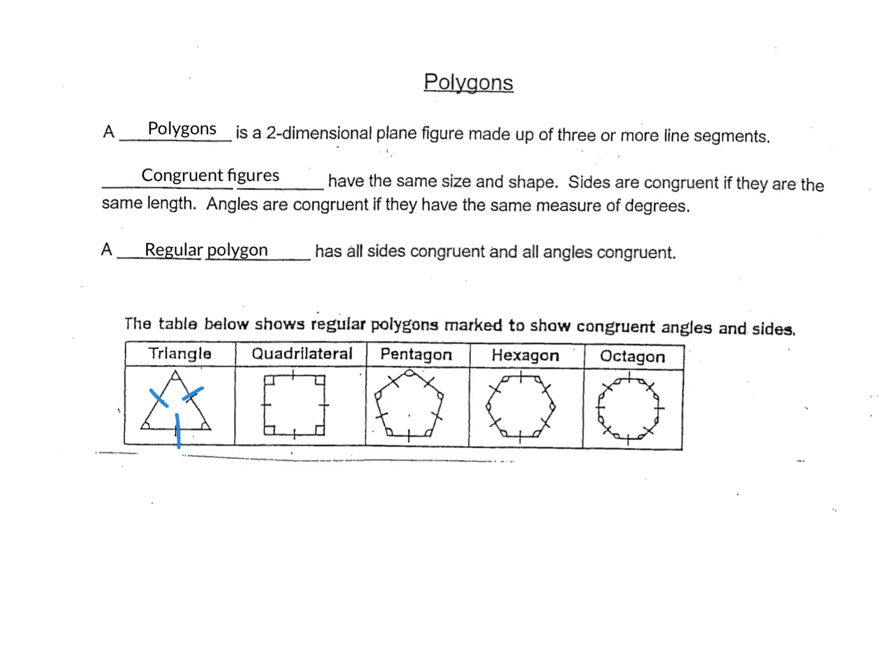How detailed can I get when I describe it? If I look at the one next to it, the quadrilateral there, obviously square comes to mind. But I could look at that and go, okay, it's definitely a polygon. It's definitely a regular polygon because everything is equal, everything is congruent. But I could also call it a parallelogram.